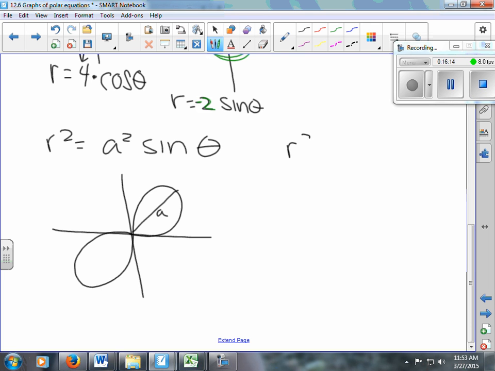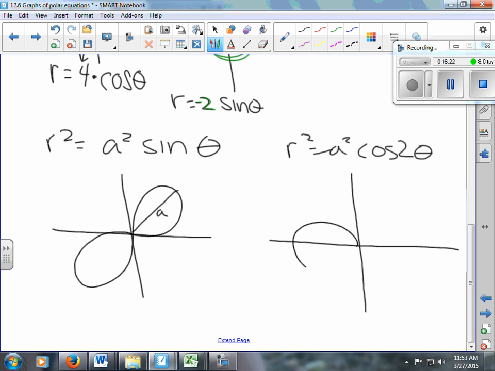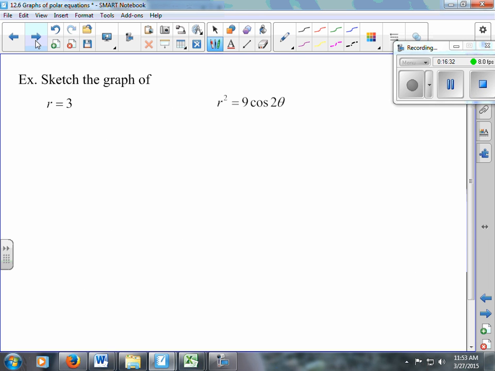And the other one is r squared equals a squared cosine 2 theta, and this is an infinity sign that stays on the x-axis, again with a length of a.